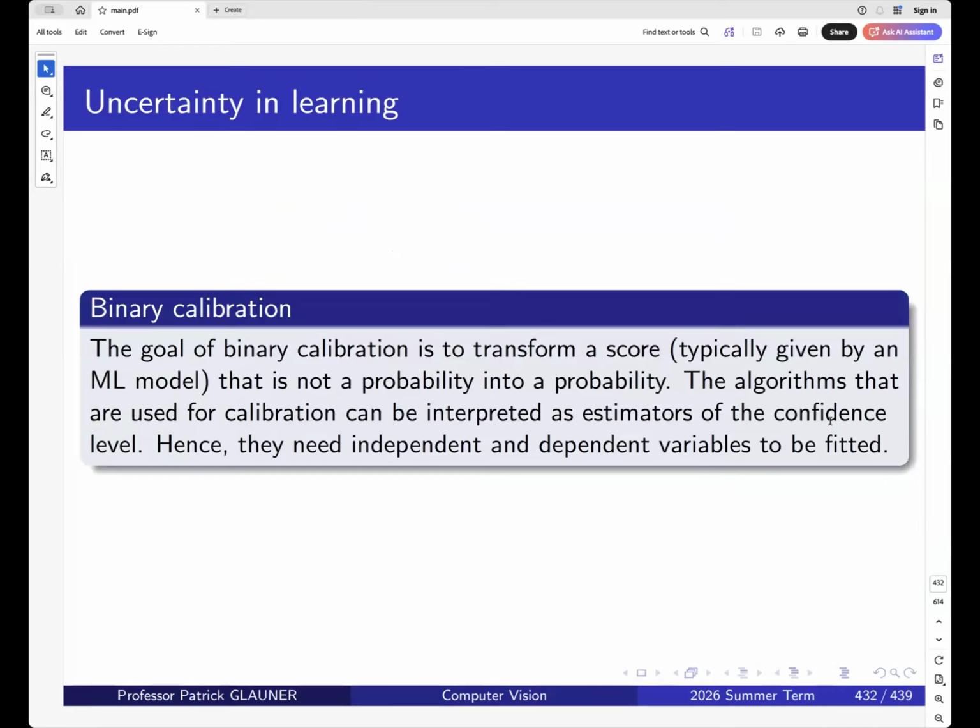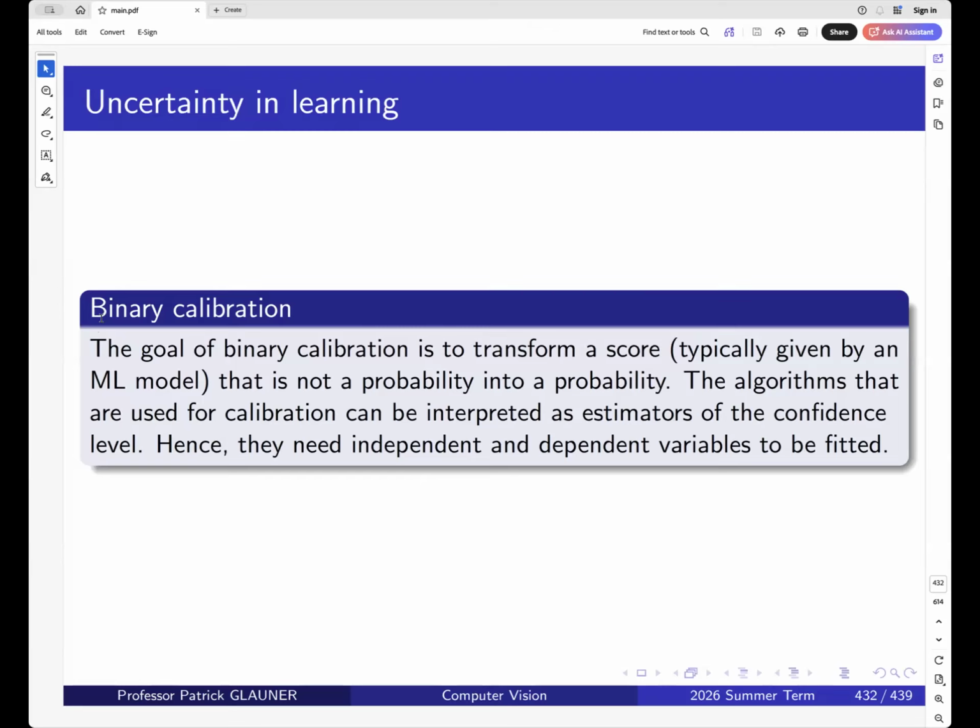Now, in addition to conformal prediction, there are a couple of other things that have become more important in recent years. For example, calibration of machine learning models. I'll briefly mention what calibration is.